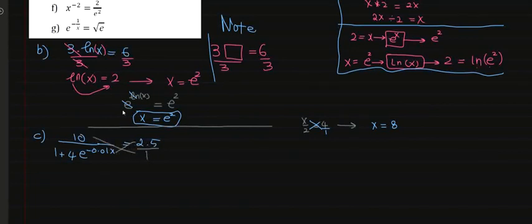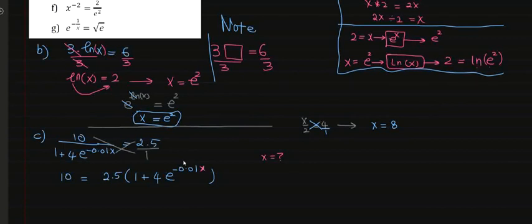Let's do it here. 10 times 1, that's 10, equals 2.5 times 1 plus 4 times e to the power of that power. Now it's an equation in one unknown, which is x, and our eyes are always on the x. This is what we want to isolate. We want to know that x is equal to what? This is our goal.